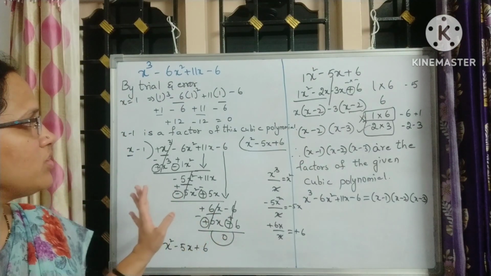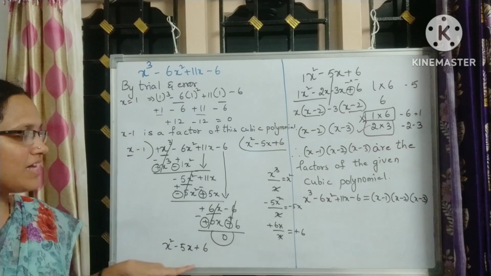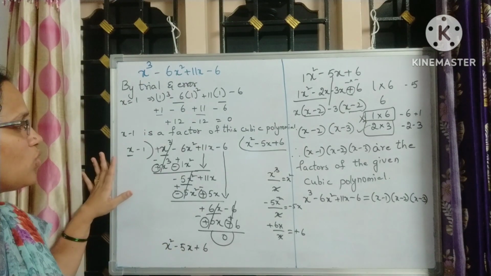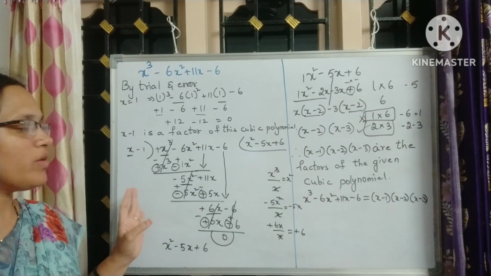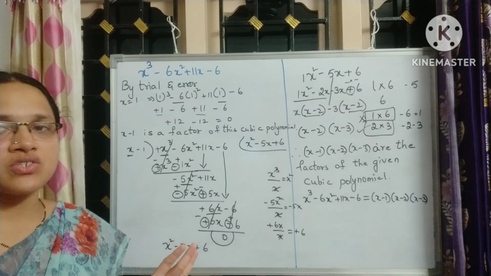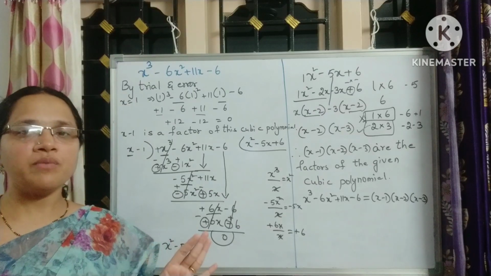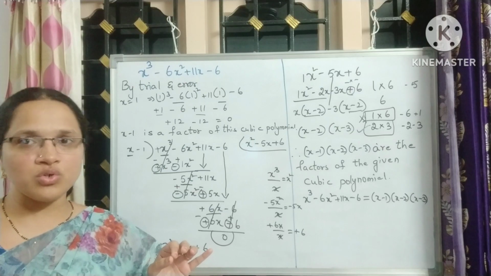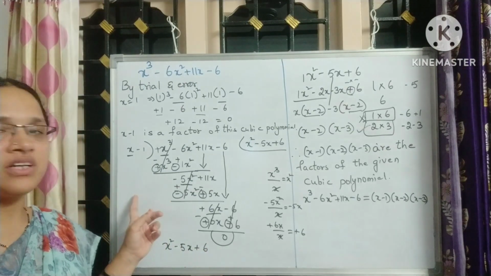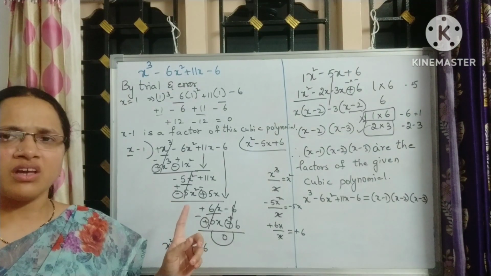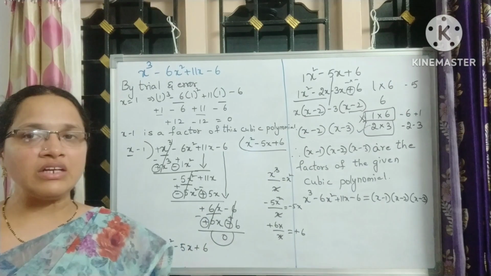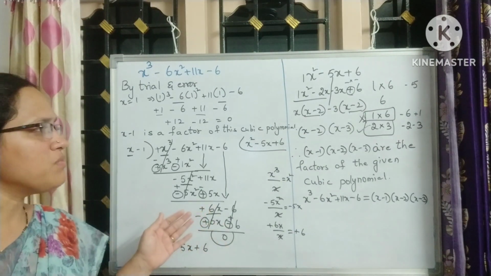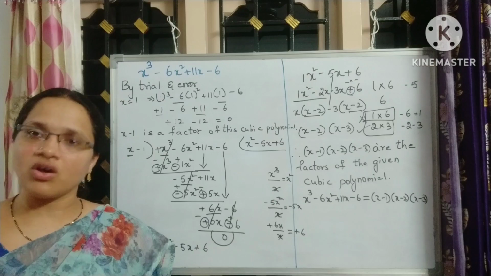So hope you have understood this. This is called algebraic division. As I told you, this algebraic division is very important, as well as synthetic division, because 9th class students usually prefer algebraic division, as you have to know it. Even 10th class children need it to some extent, but sometimes they use synthetic division, which is not at all wrong.